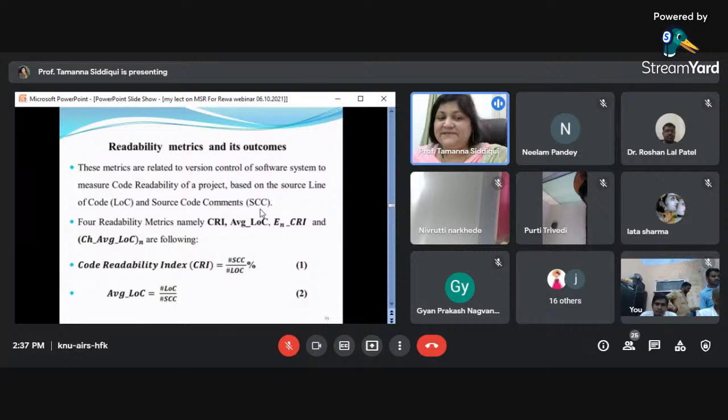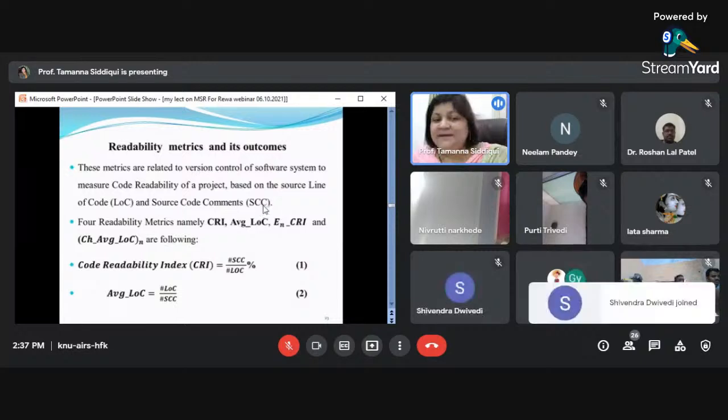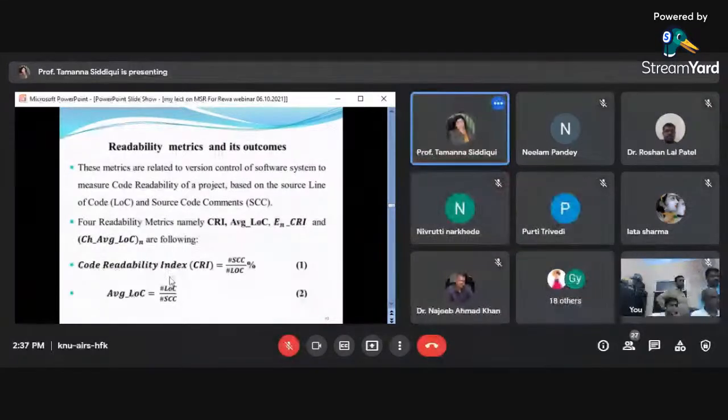That means if we are able to mine LOC and SCC, source code comments, we will be able to calculate the first readability metric. It's a simple formula: Code Readability Index, CRI, is equal to the number of source code comments divided by the number of lines of code.